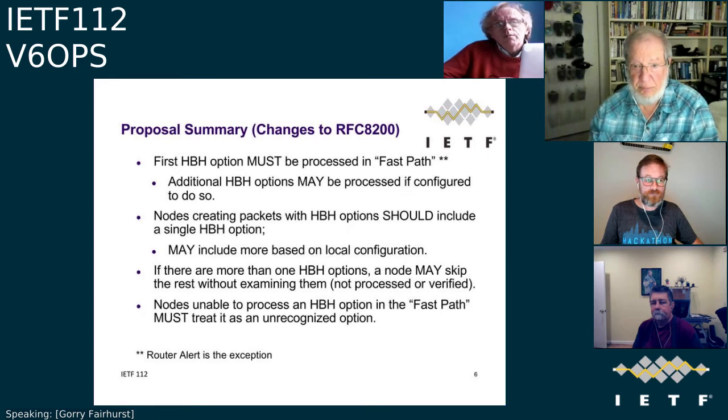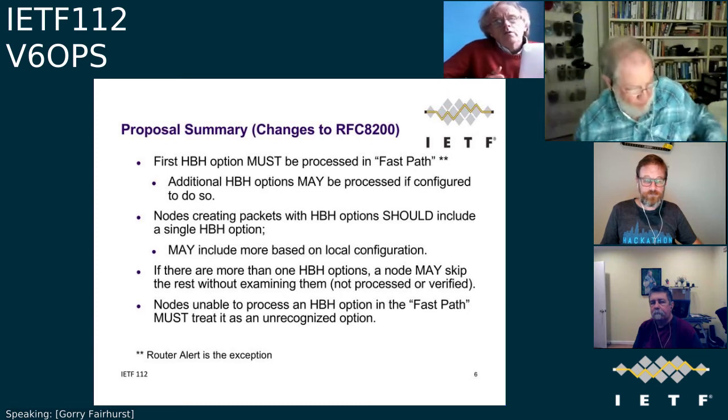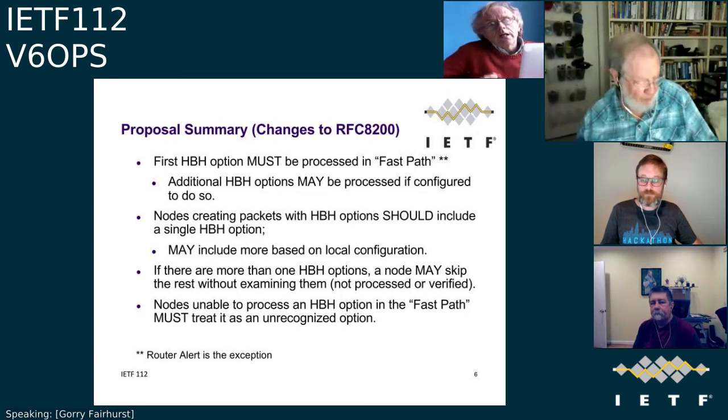Nodes unable to process the hop by hop option in the fast path must treat it as an unrecognized option. So we would suggest pinning this down and just saying, this is the way to do it. If it's not processed in the fast path, say it's unrecognized. If you want to do something different, then configure it as an explicit configuration, and then you'll be compatible with what we've said.